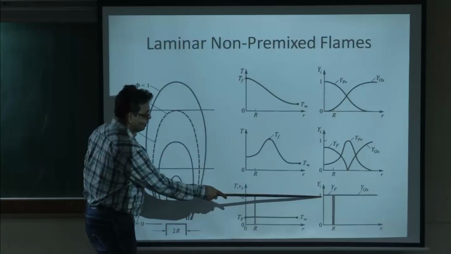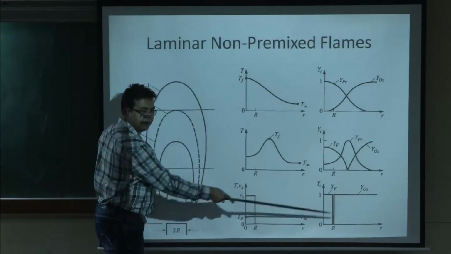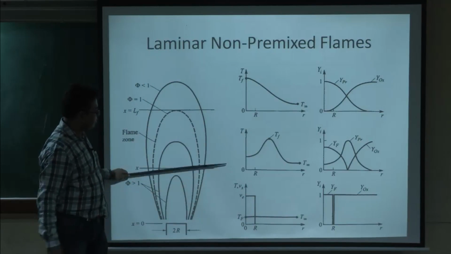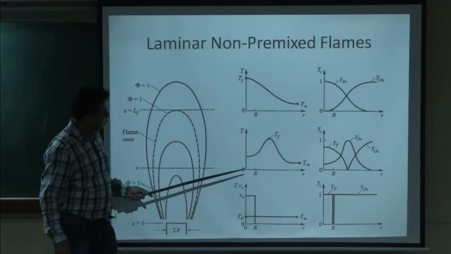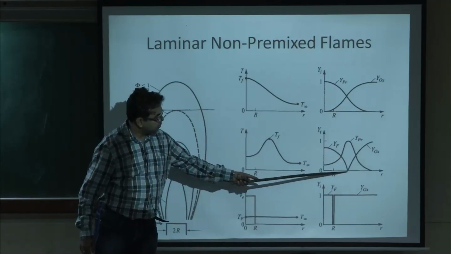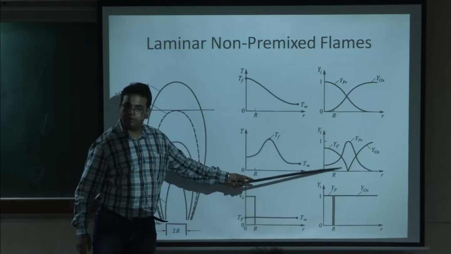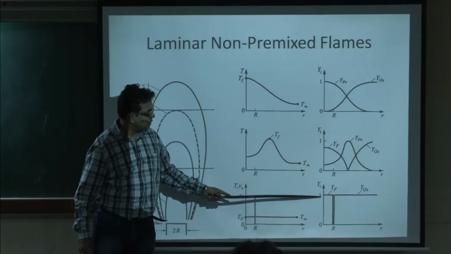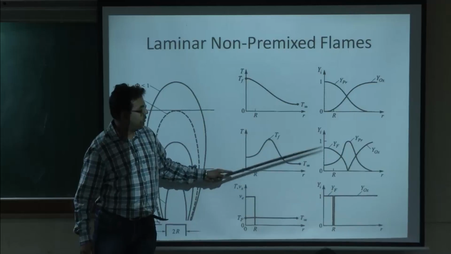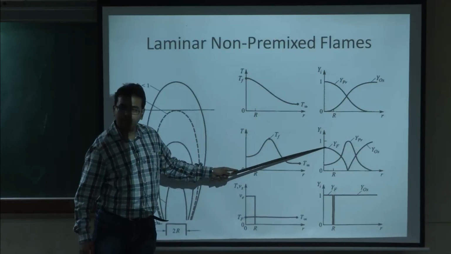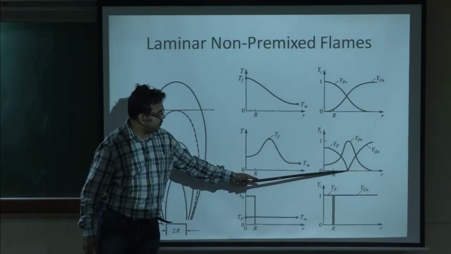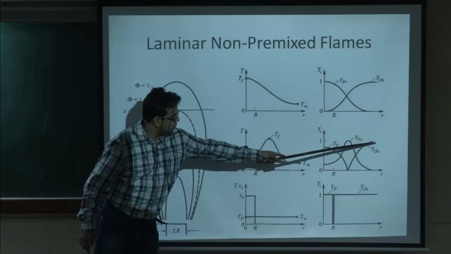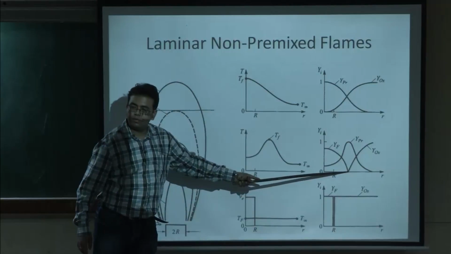So, initially you see that Yf and Y oxidizer are separated, they are not coming close to each other. Now, if I plot at a distance downstream, you see that the fuel mass fraction is changing like this. So, there is a decay, okay. So, initially the fuel mass fraction is 1 here, but here it has come down to less than 1, and then this is the point where it is going to 0 almost, and oxidizer is coming from the other side and it is also coming to 0.